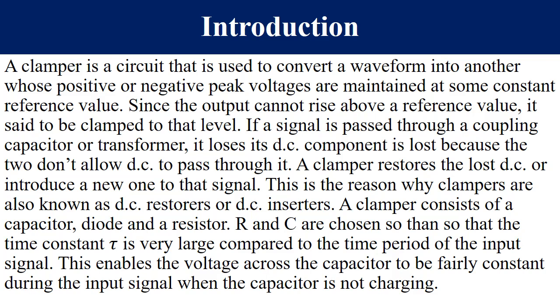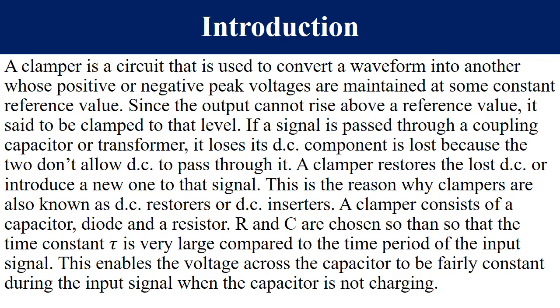It is used to convert a waveform of any shape into another waveform whose positive or negative or both polarities are maintained at some constant reference value, and the normally used reference value is the 0 reference value. Because the output cannot rise above that reference value, it is said to be clamped at or to that level.